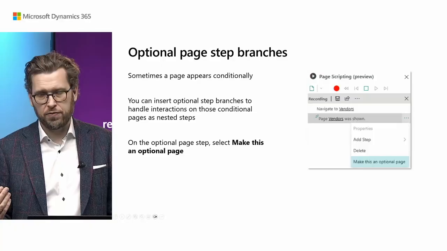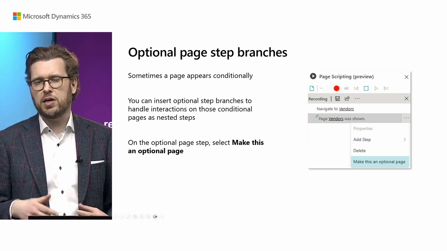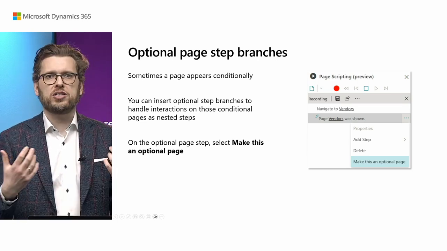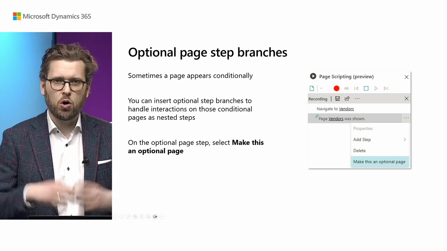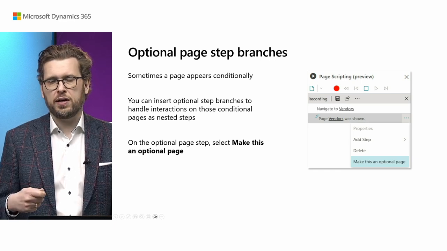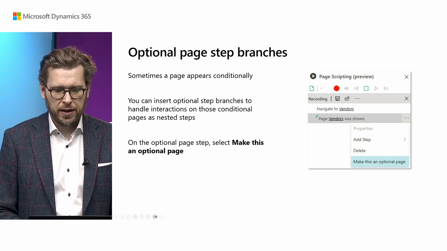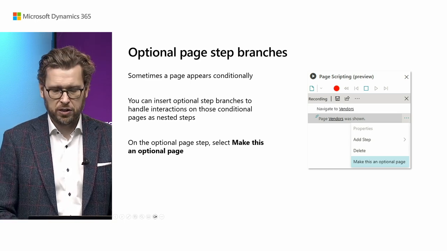Let's jump to the related concept of branching, but for optional pages, right? Sometimes in a flow, a page will appear, but only conditionally. It's not always appearing. Again, you can insert a branch, but now you make that page that appears an optional page.